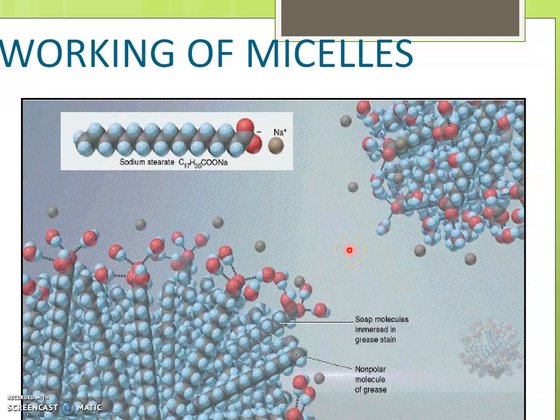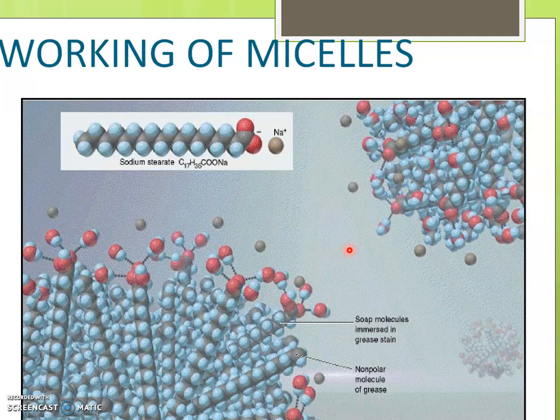Before we discuss the cleaning action of soap, what happens when oil and water mix together? If we mix oil and water together, it settles down as two layers, one oil layer and one water layer. They cannot interact together because of the interfacial tension.